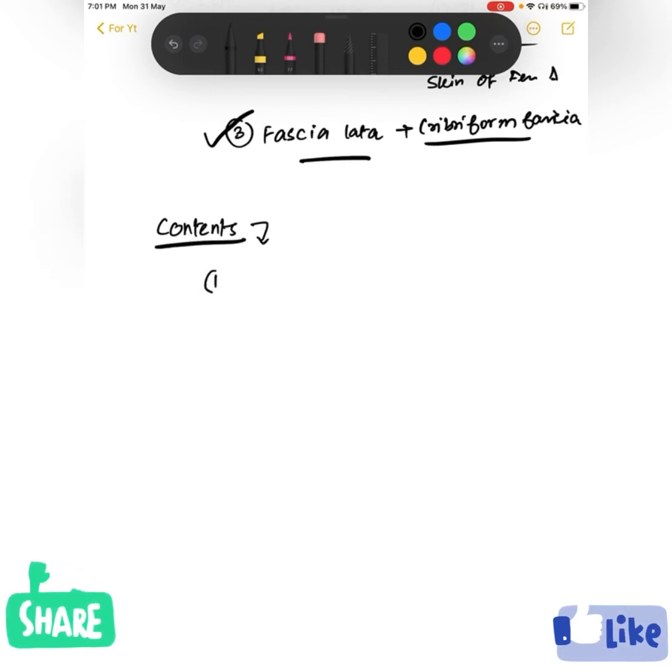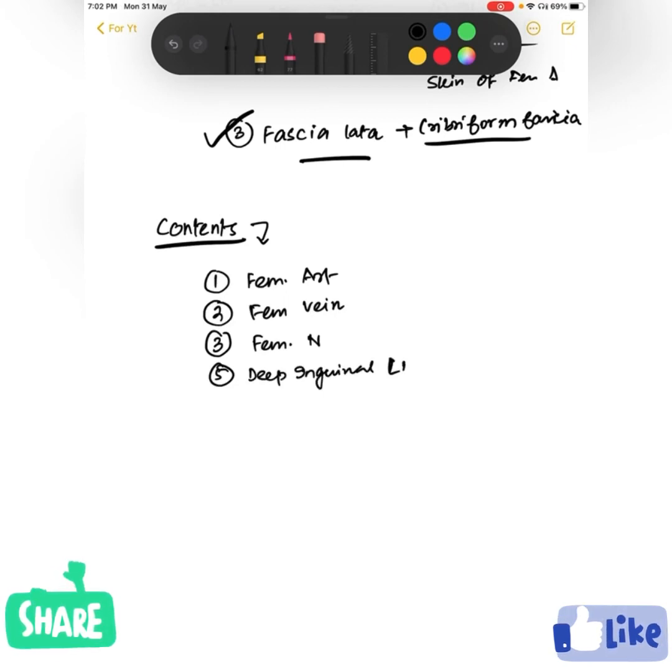Firstly, we will get to see the femoral artery, then the femoral vein just medial to the femoral artery. Just lateral to the femoral artery, we will get to see the femoral nerve. We will get to see deep inguinal lymph nodes, this one is 4. We will get to see the nerve to pectineus as a content of the femoral triangle.